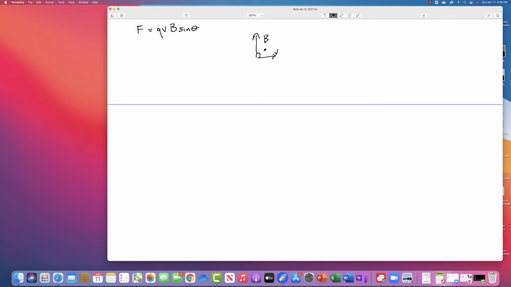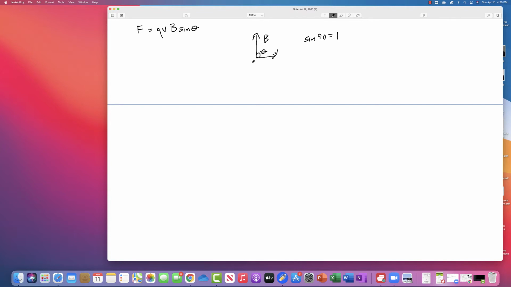In this case, I've drawn it as a right angle, and the sine of 90 degrees is equal to 1. So if they're at right angles to each other, then you don't have to take that into account. But any other angle other than a right angle is going to have some factor. The maximum is when these are at a right angle.